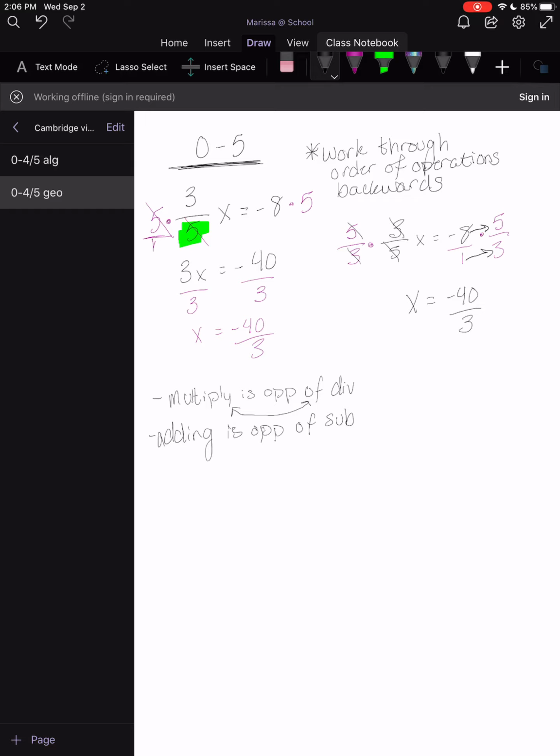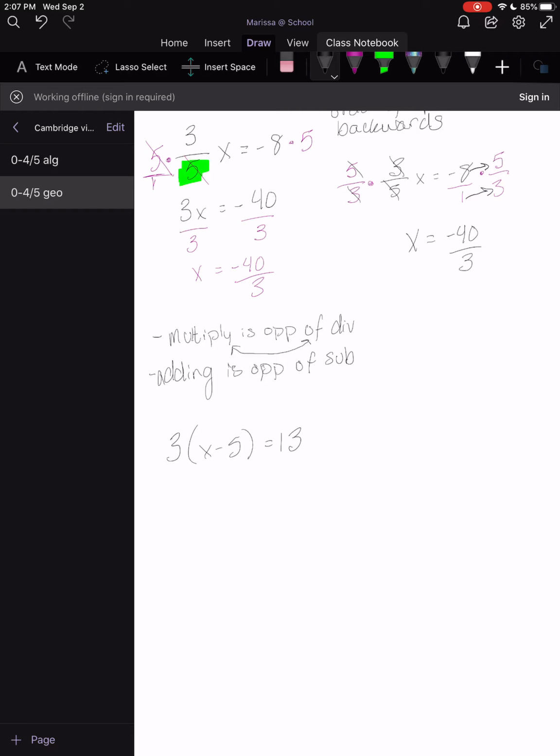Okay, so the second one we are going to go through is 3 times the quantity x minus 5 equals 13. All right, the first thing I come to here, remember we're working through PEMDAS backwards, so I'm going to start by finding if I have any multiplication or division that happens first.